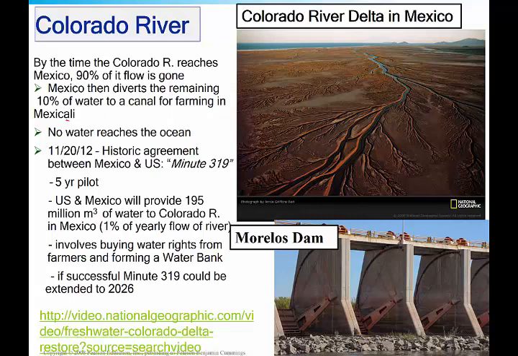What you're seeing in the upper right-hand corner is the Colorado River Delta. Now, a delta is an area at the mouth of a river where silt and other materials deposit. So again, it's an area at the mouth of a river where silt and sediment deposit.